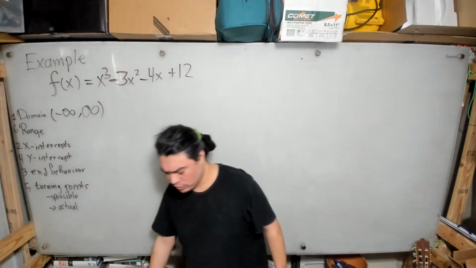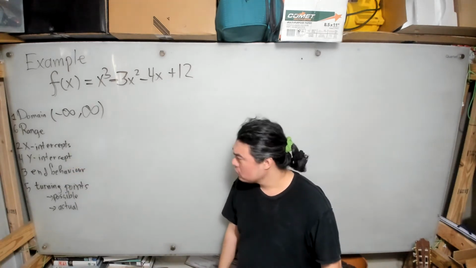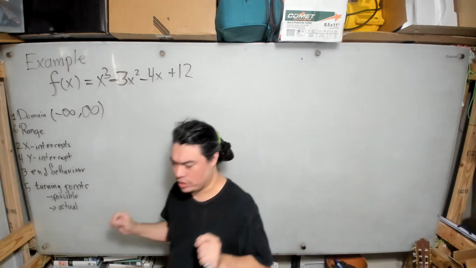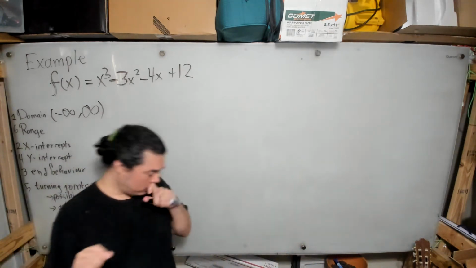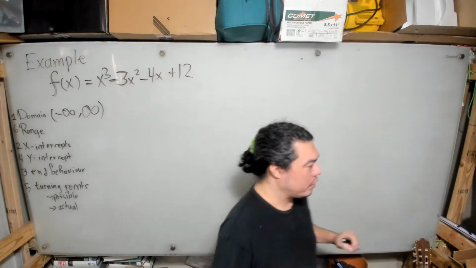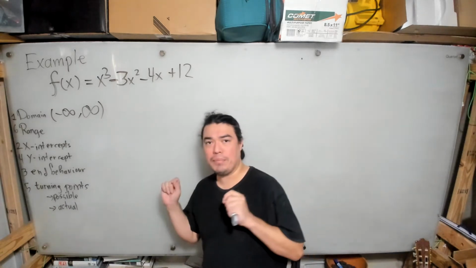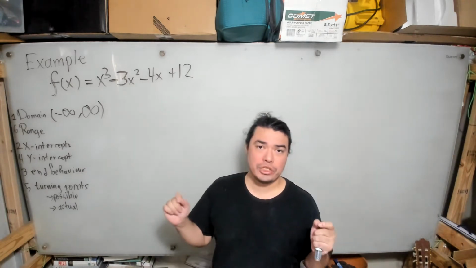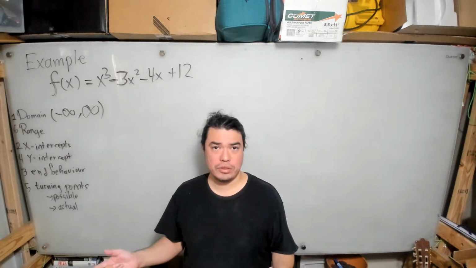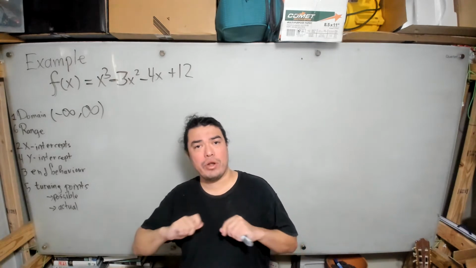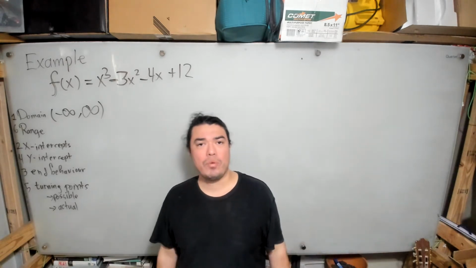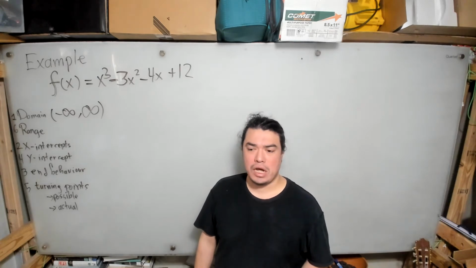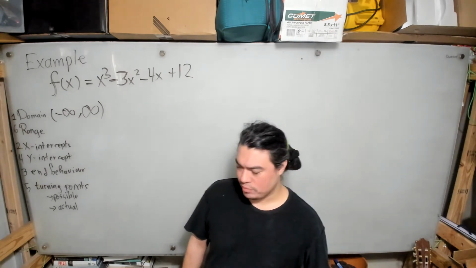So, how do we find the x-intercepts? First of all, what does an x-intercept mean? It means a point or points on the x-axis through which the function's graph crosses. We know that every point on the x-axis is a point with y-coordinate 0. And so that leads us to the idea behind how we find the x-intercepts.